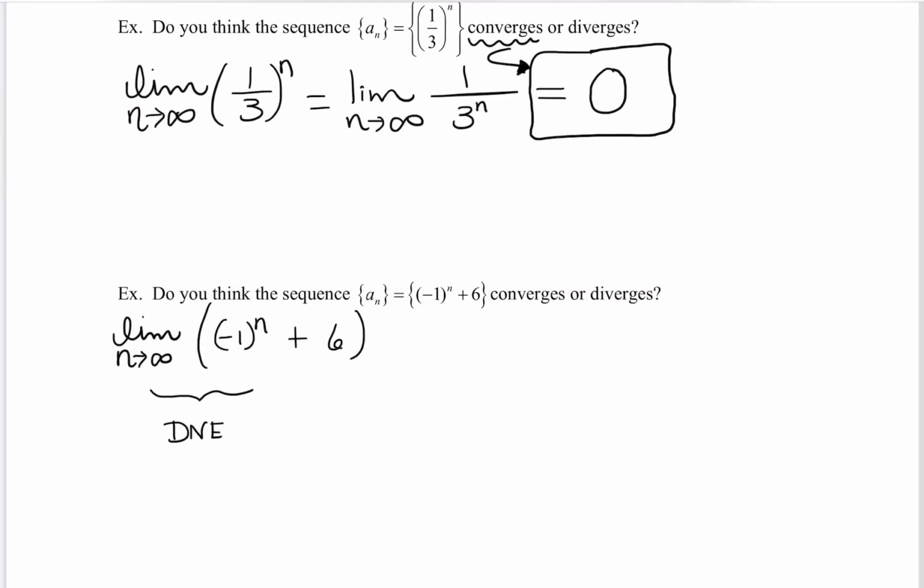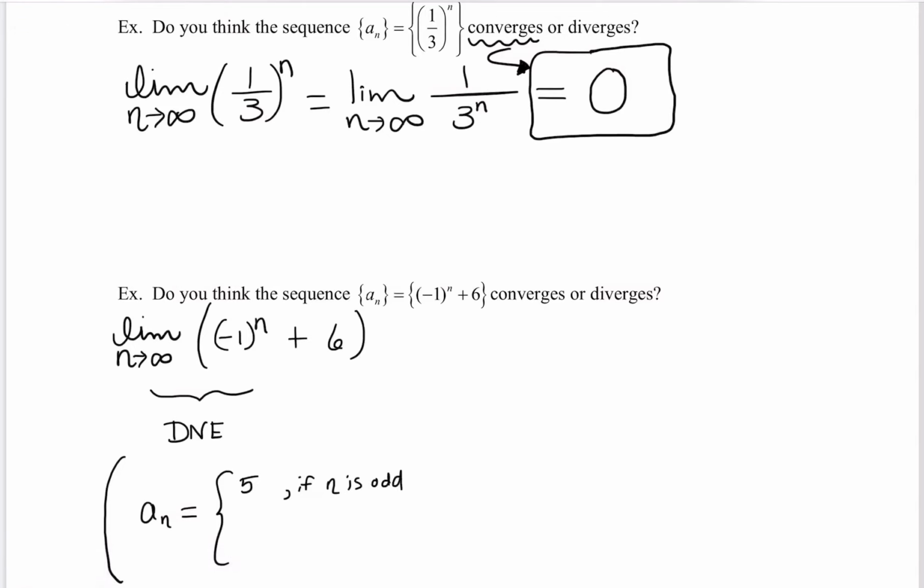The other way to think about this one, and I don't know that this book explicitly states it, is to go back to how I was writing out the terms. a sub n is equal to 5 if n is odd.